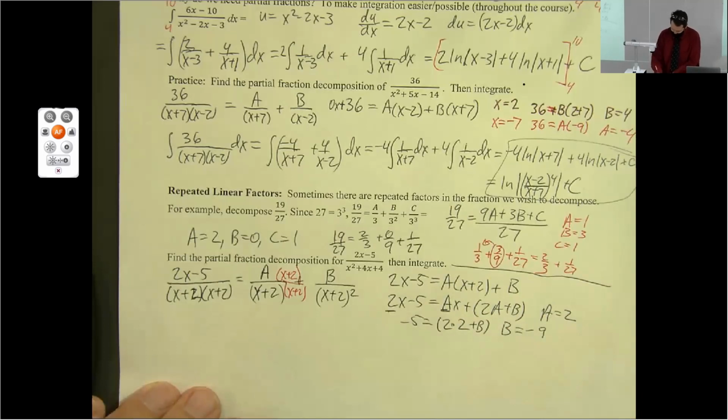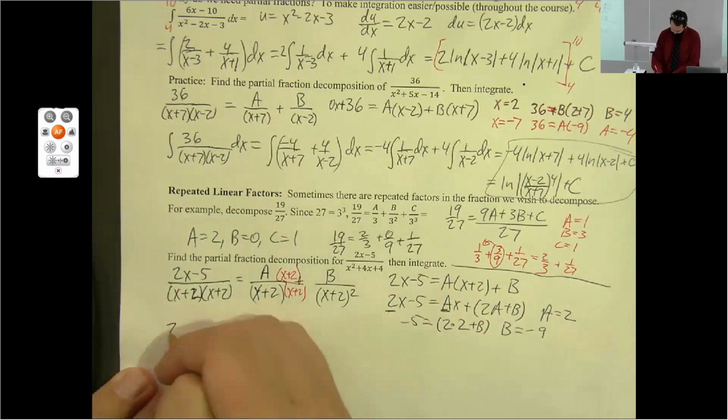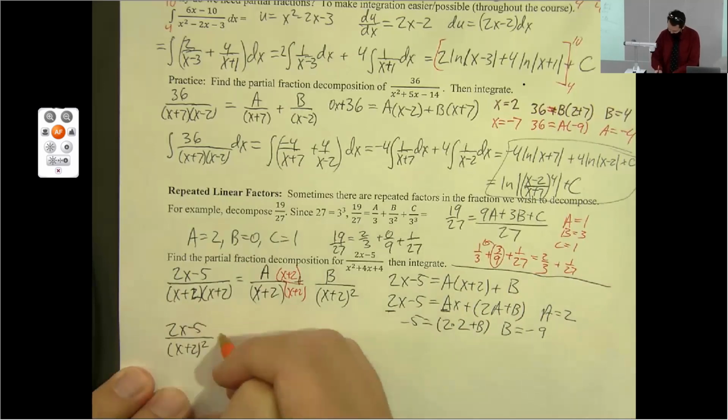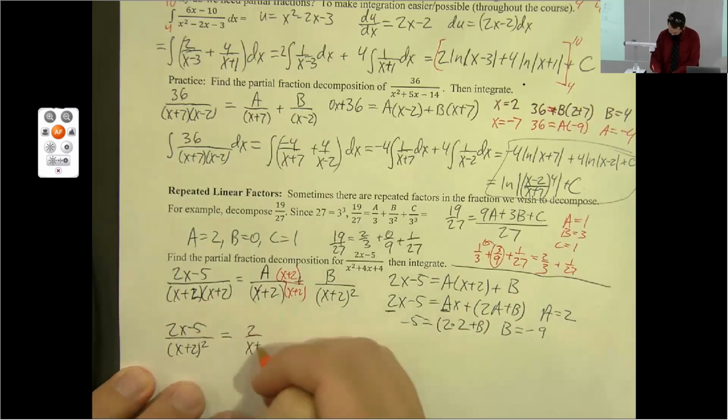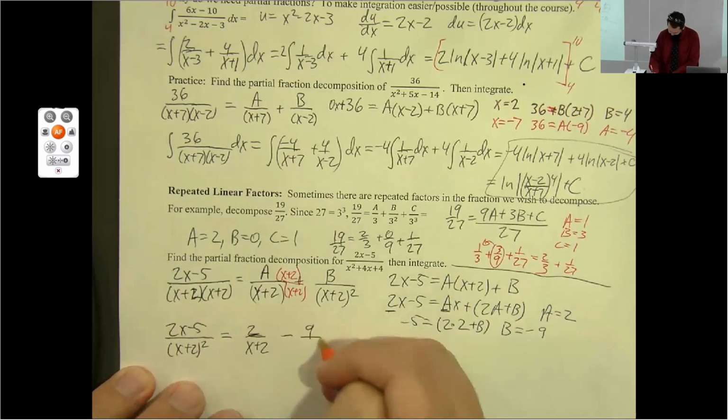So 2x minus 5 over x plus 2 squared is equal to 2 over x plus 2 minus 9 over x plus 2 squared, right?